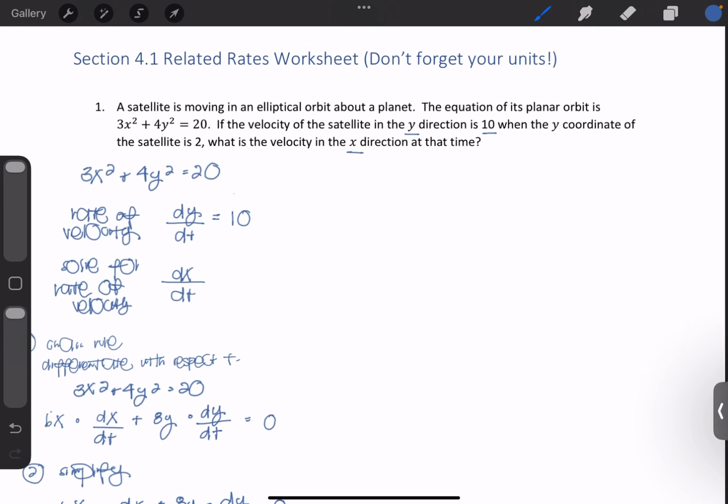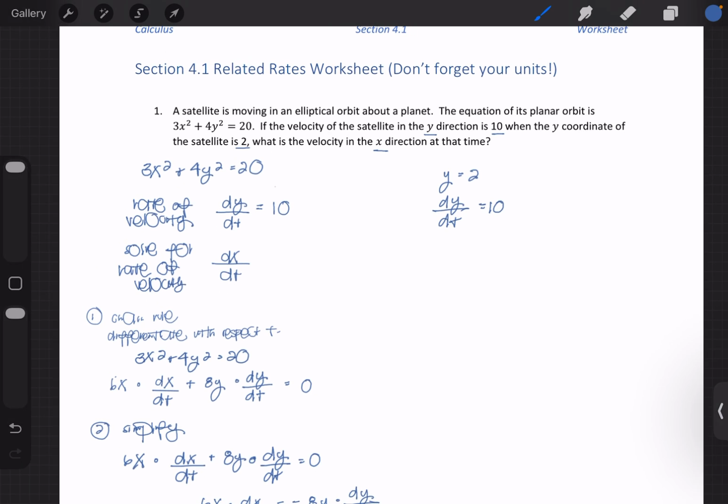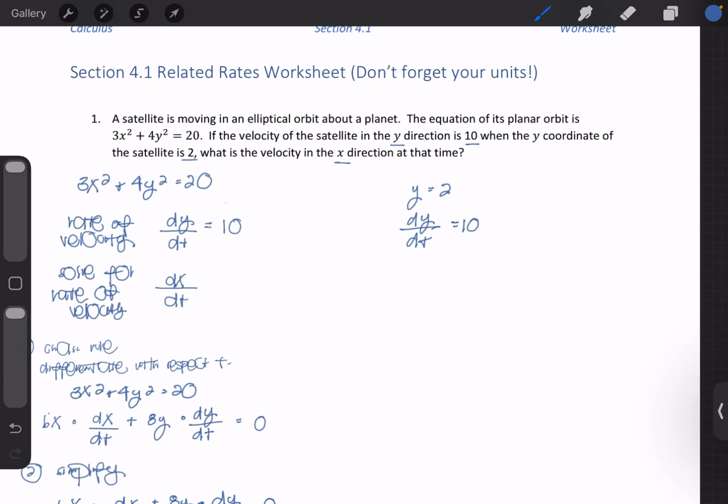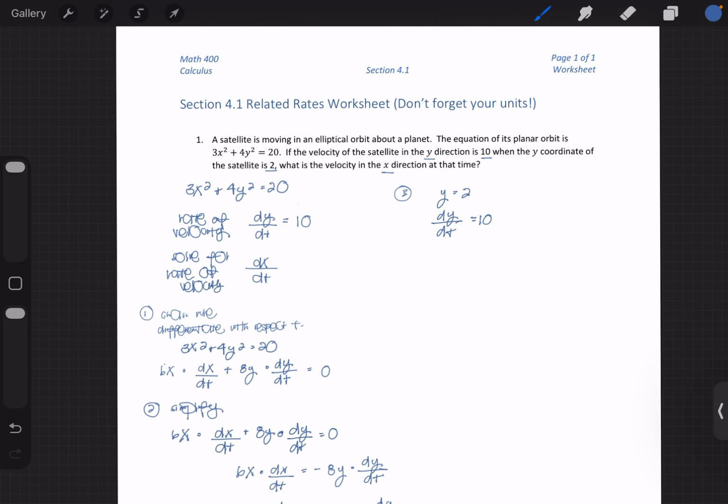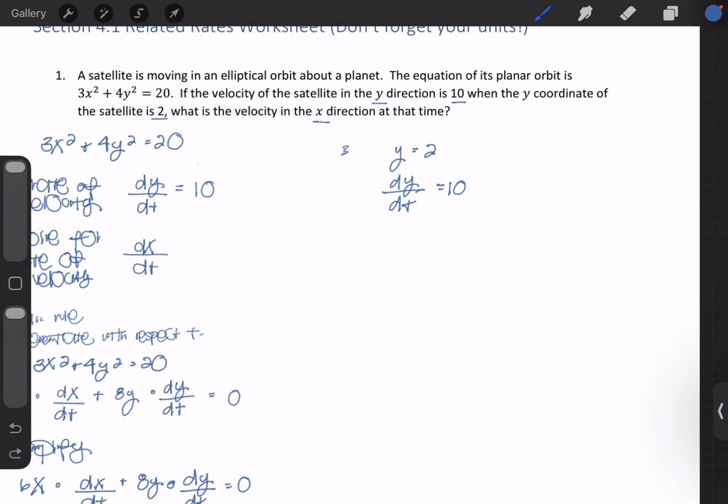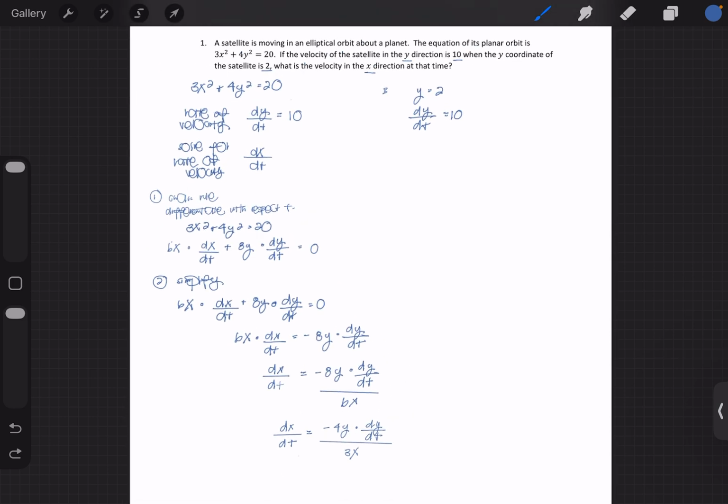So once again, we are given that the y-coordinate of the satellite is 2. And we again know that the rate of velocity dy in the direction of y is equal to 10. Okay, and then we simply plug that into what we simplified.